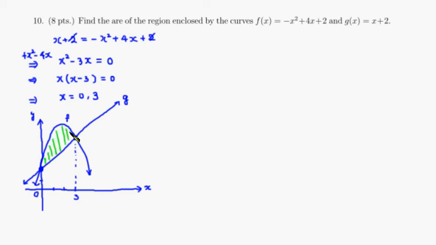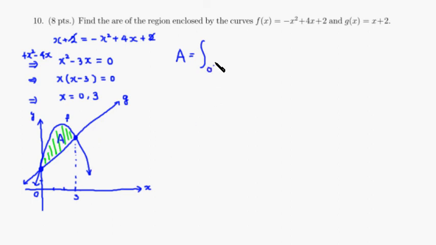All right, let's find that area. I'm going to call that area A. Area A can be found with an integral that starts from 0 and ends at 3.